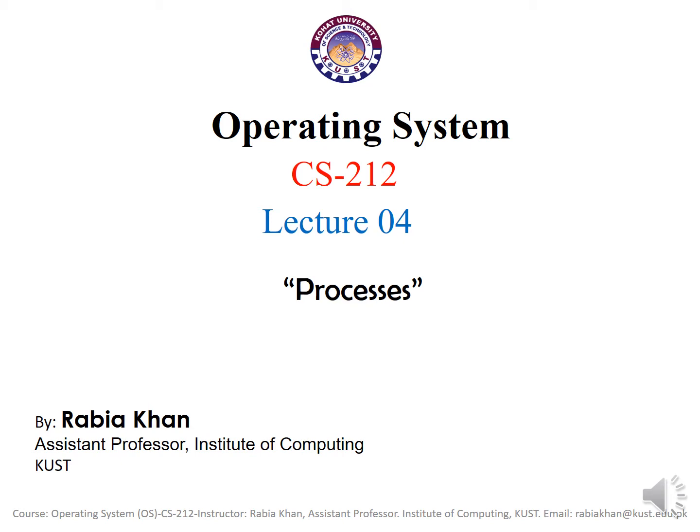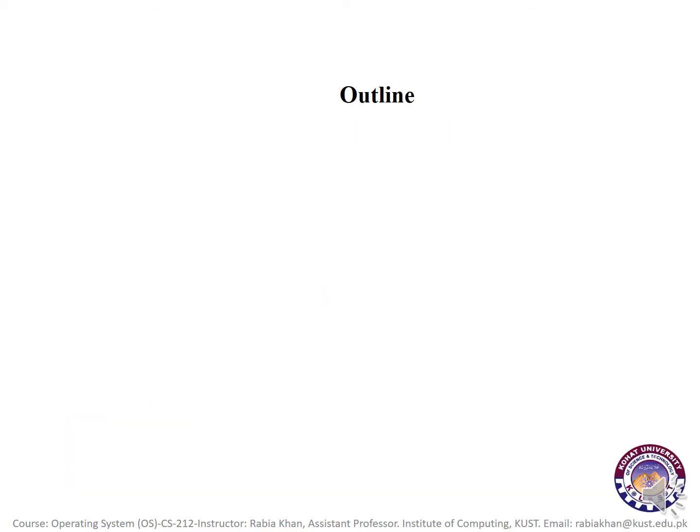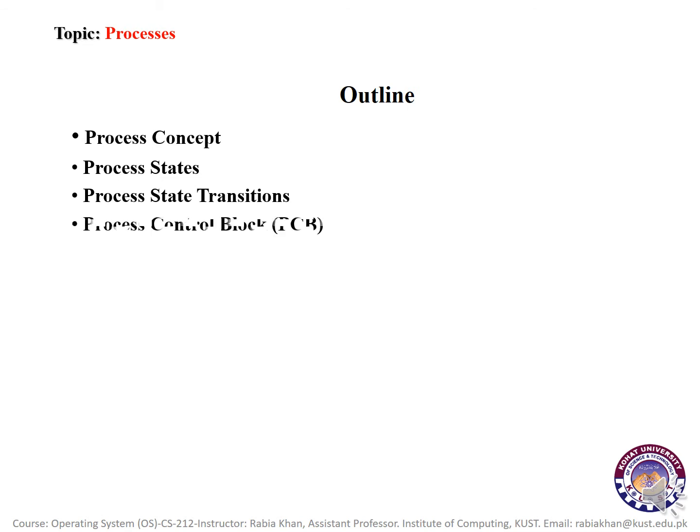So let's proceed with the discussion agenda that we are going to discuss in this chapter. The outline is in front of you. We are going to first explain what is a process.